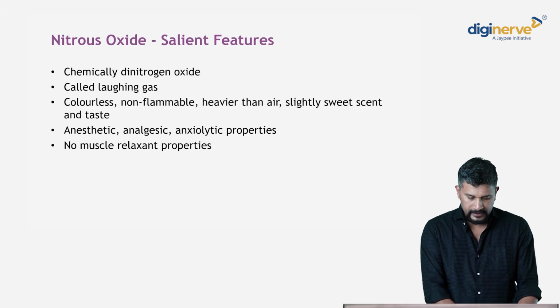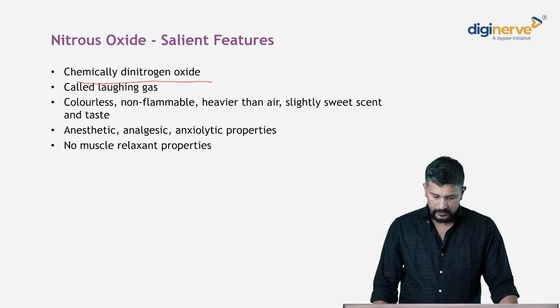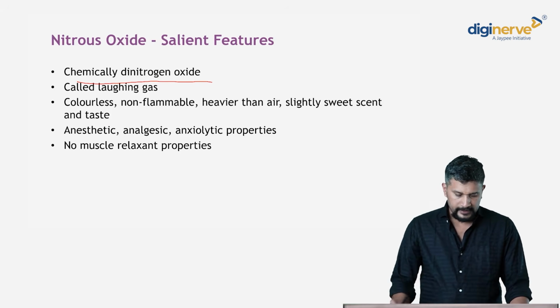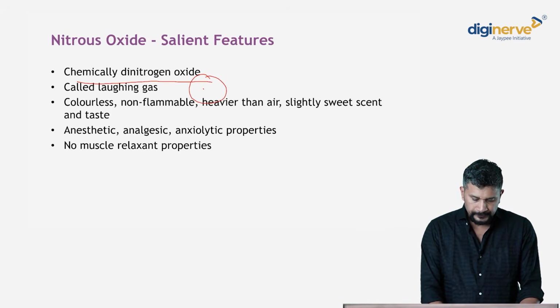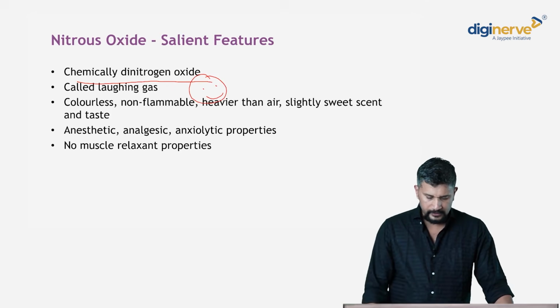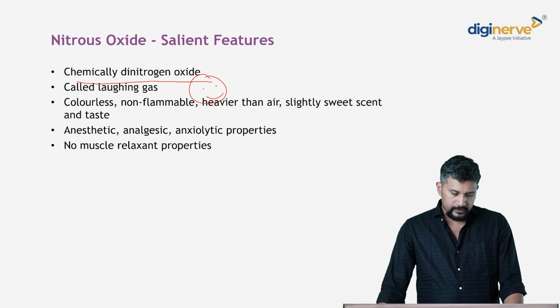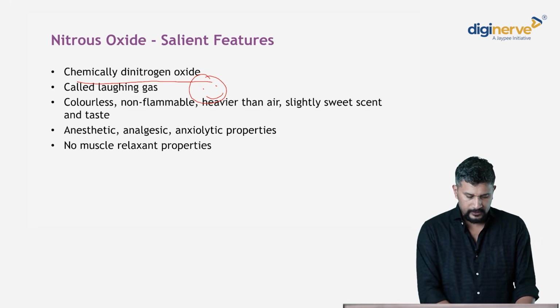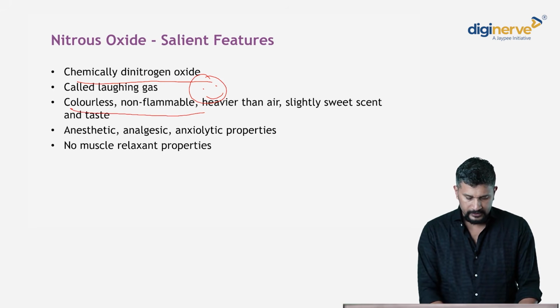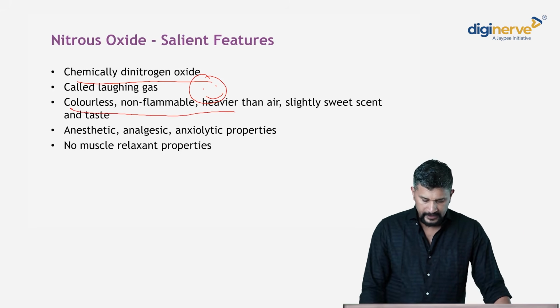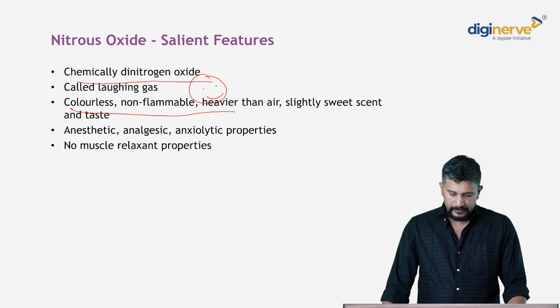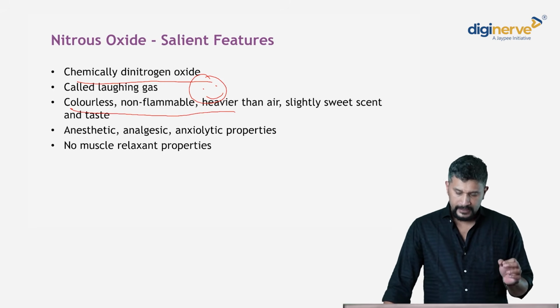Nitrous oxide is chemically dinitrogen oxide, and it is referred to as laughing gas because it lands your patient in a state of euphoria. Physically, nitrous oxide is colorless, non-flammable, and heavier than air with a slightly sweet taste and scent.